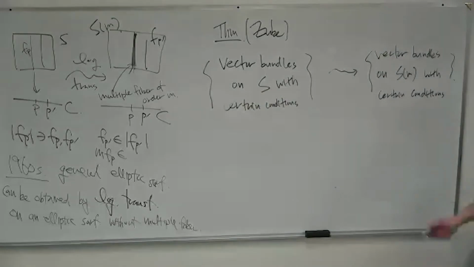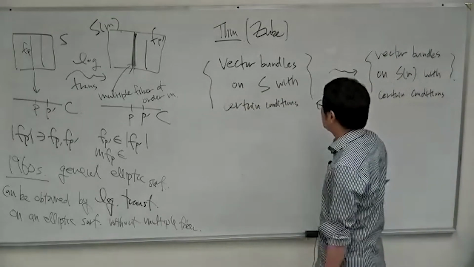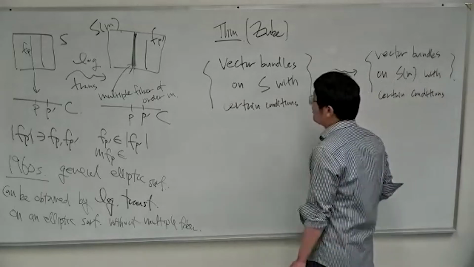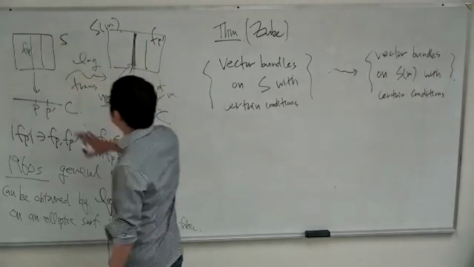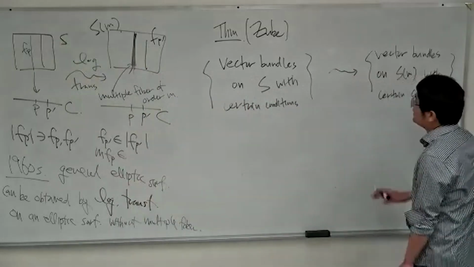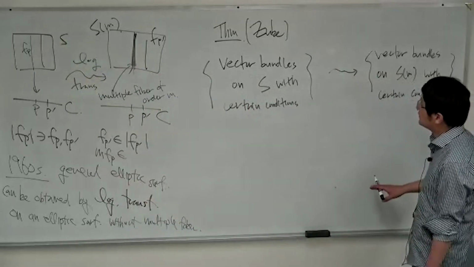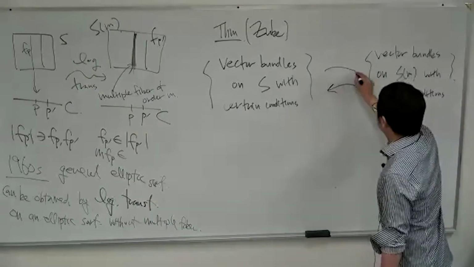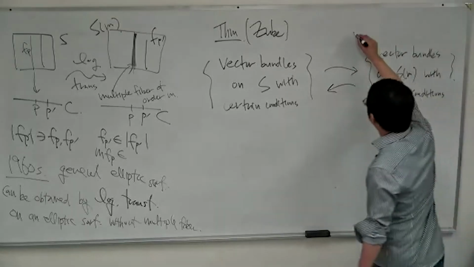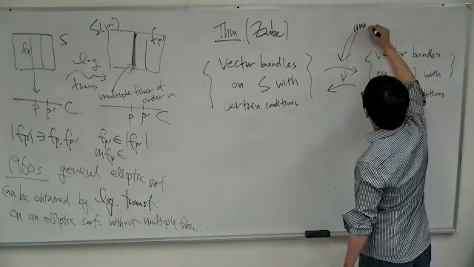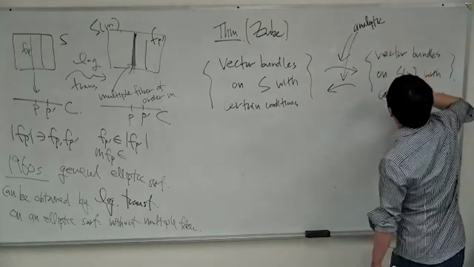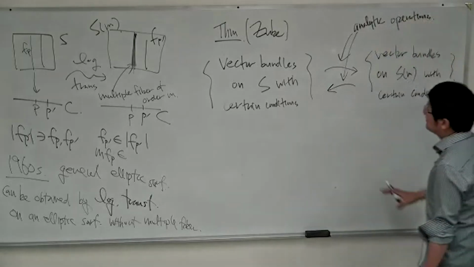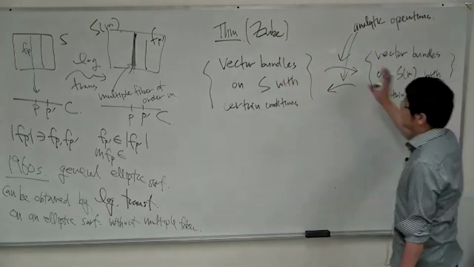So anyway, he developed a method. As I told you, it's extremely hard as an algebraic geometer to compare this surface and this surface in an algebraic geometry way. But this Joubert constructs a functor from here to here and here to here. He basically describes some analytic operation which sends some vector bundle here to a vector bundle here, and a vector bundle here to a vector bundle here.